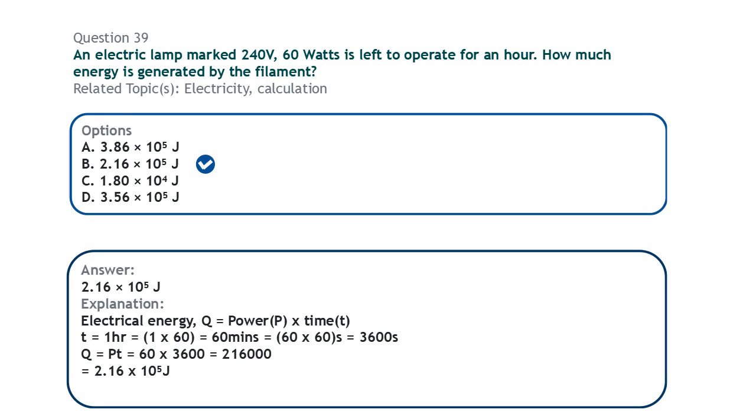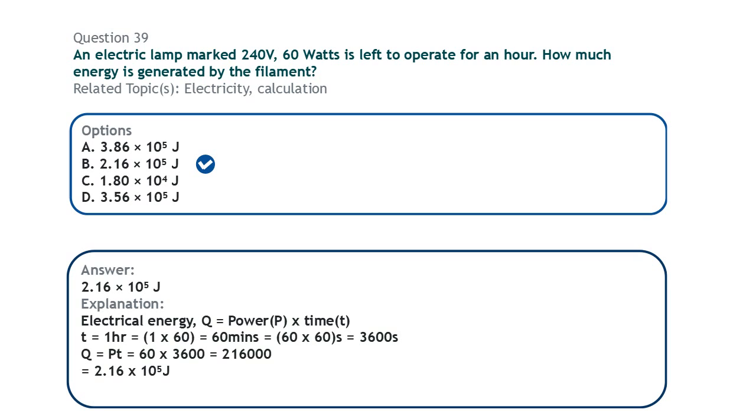The power from the question is given as 60 watts. Watts is the unit for power. So we substitute this in the formula. You have Q equal to the power 60 times the time, which is 3600, and this will give us 216,000.